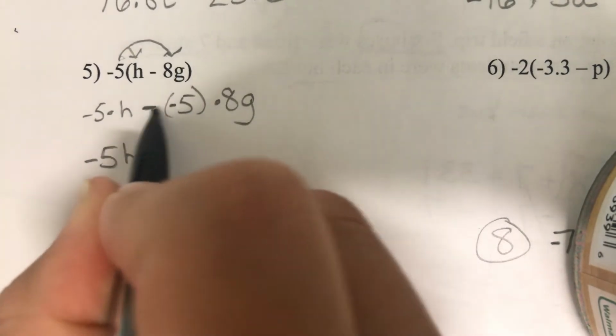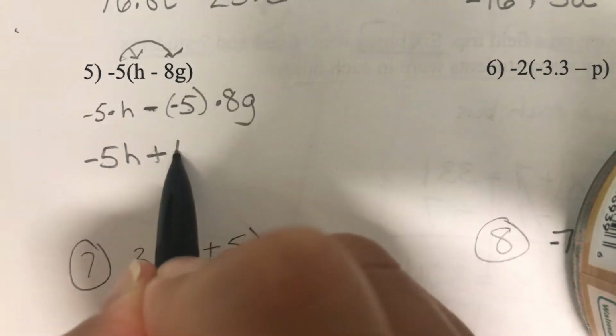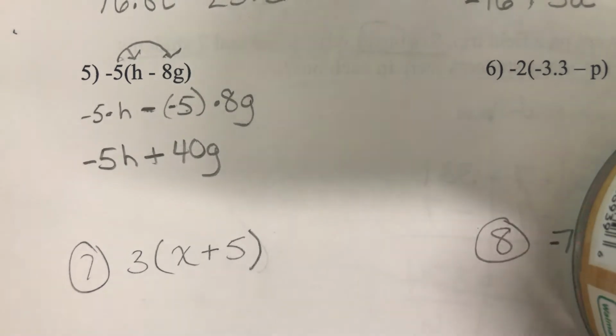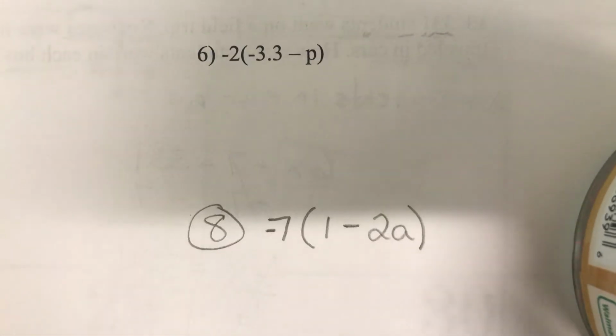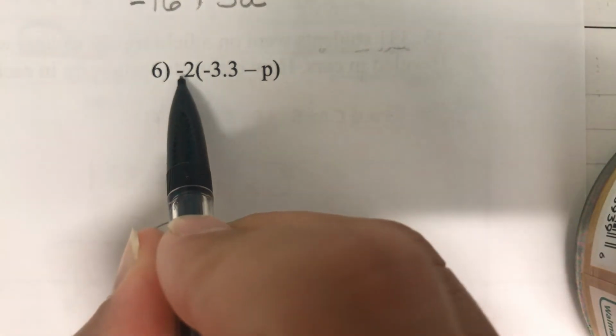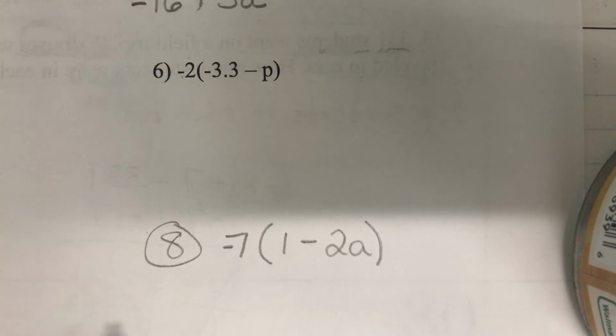Right here, these two negatives next to each other become a positive. 5 times 8, 40g. More negatives with 6. Again, pause. Try it. See if you get it right.